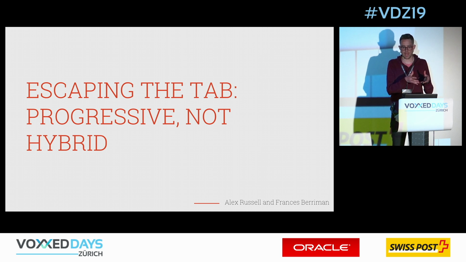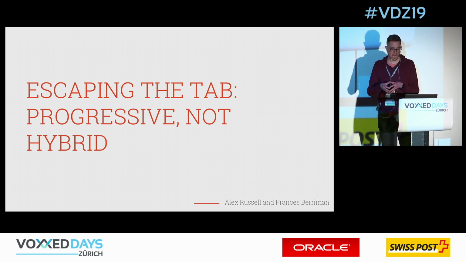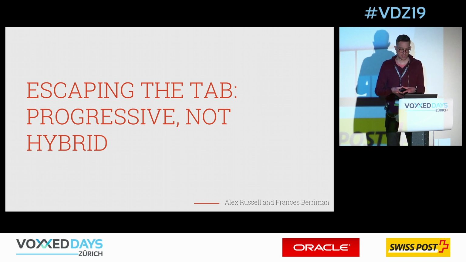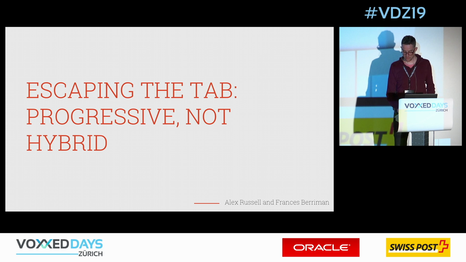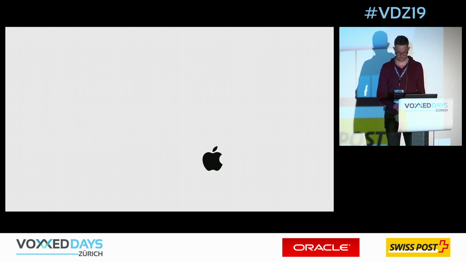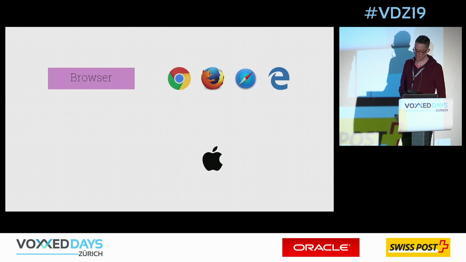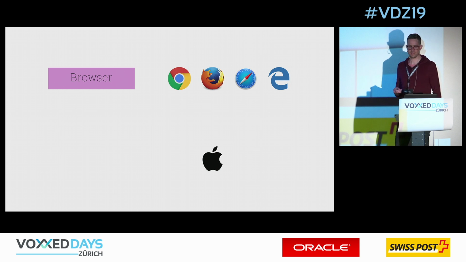Maybe you go to Starbucks a lot, and you're like, well, I want a better experience. I want an offline experience, right? How do I make that happen? And so they wrote this paper, and it's entitled Escaping the Tab, Progressive, Not Hybrid. I certainly recommend you check it out if you're looking to read a little bit more about this. So maybe now you're thinking, oh, well, Brian, this sounds cool, man.